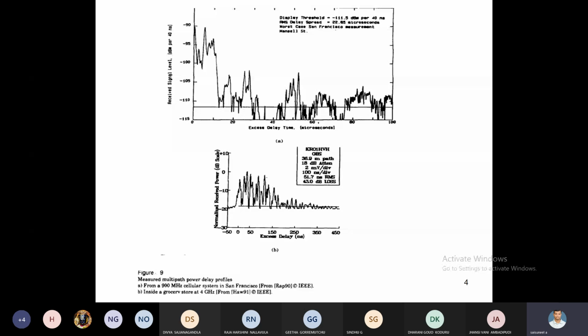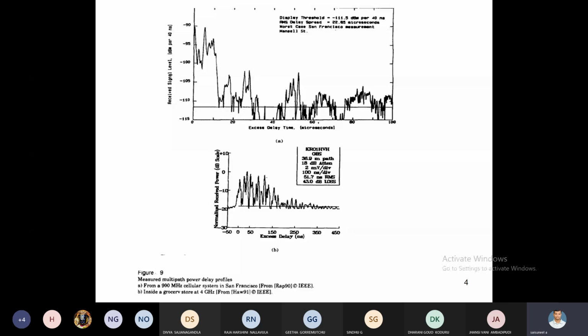See both graphs, indoor and outdoor. Whenever the delay increases, the signal strength decreases. Instead of 10 milliseconds, it takes more than 10 milliseconds, it takes 20 milliseconds, it takes 100 milliseconds, and the signal strength changes, that is, it decreases. See these two figures. The signal strength automatically decreases whenever the excess delay increases.